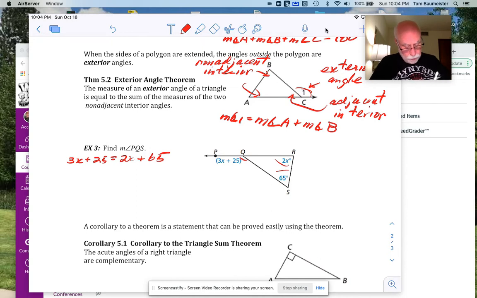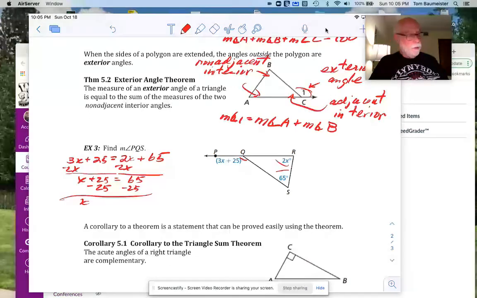Okay, so now let's go ahead. We'll subtract 2x. So I'll get x plus 25 is equal to 65. And then I'm going to subtract the 25, and I'll get that x is equal to 40.